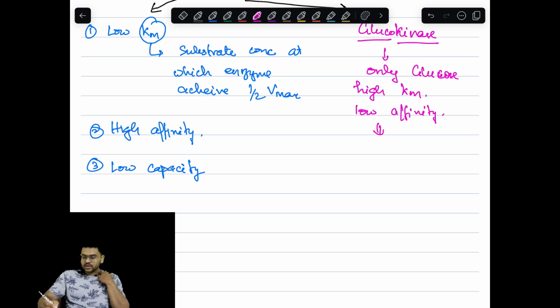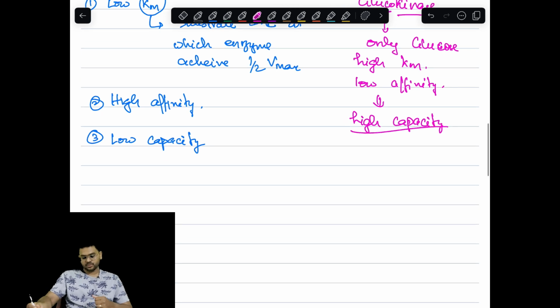But even though it has very low affinity, this one has high capacity. What does it mean? Imagine when the glucose concentration is very high and you have a low capacity enzyme, does it make any difference? Hexokinase was enough, because even at higher concentration hexokinase will still act. But it has a low capacity.